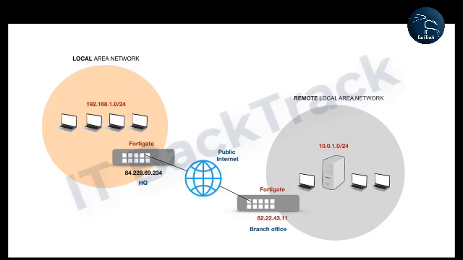Between the two private networks, we have two FortiGates that will establish the IPsec tunnel. Our own FortiGate, which is the HQ FortiGate, has the public IP address of 84.228.69.234, and the remote FortiGate has the public IP address of 82.22.43.11.